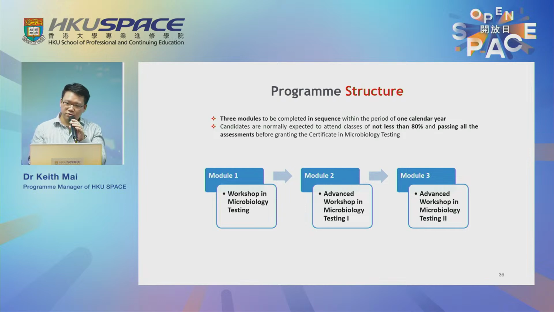Then in module 2, we have advanced workshop in microbiology testing 1, and this module gives more hands-on techniques to students, and they will learn more about what kind of testing they do, including water testing, food testing, and air quality testing.